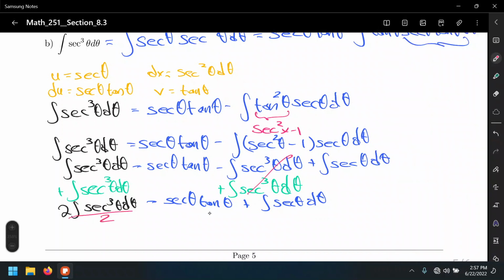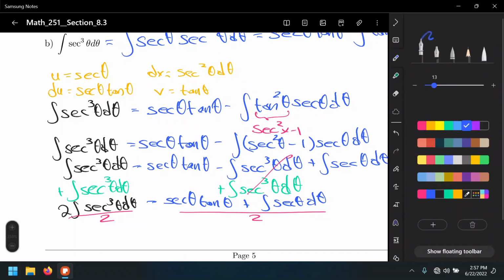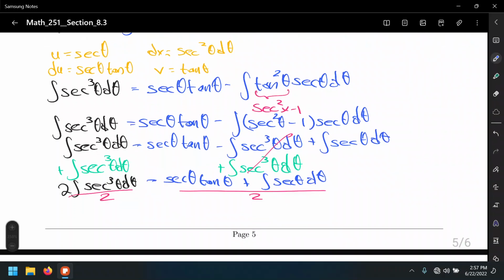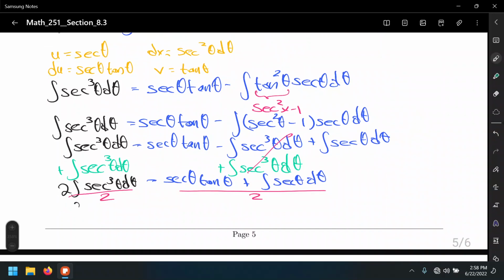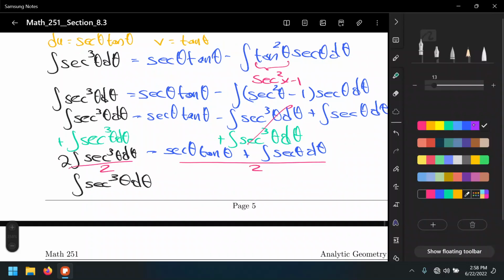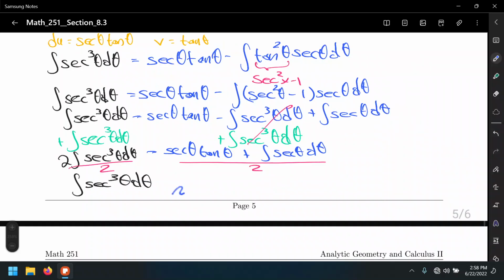So divide the whole thing by 2. And the integral of secant cubed will be equal to 1/2 secant tangent plus 1/2 the integral of secant.